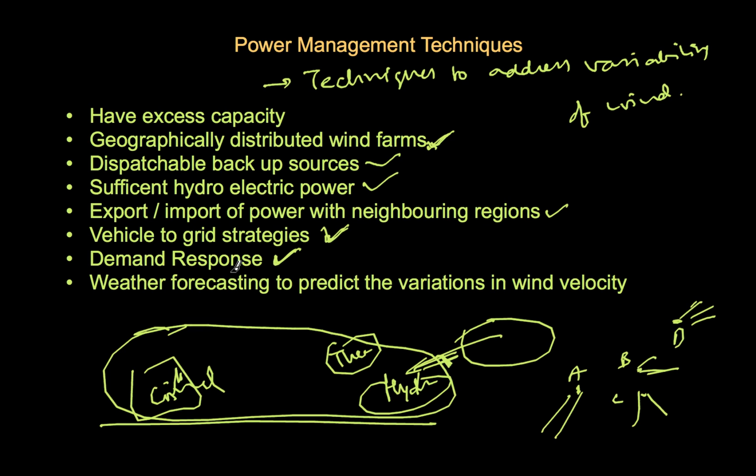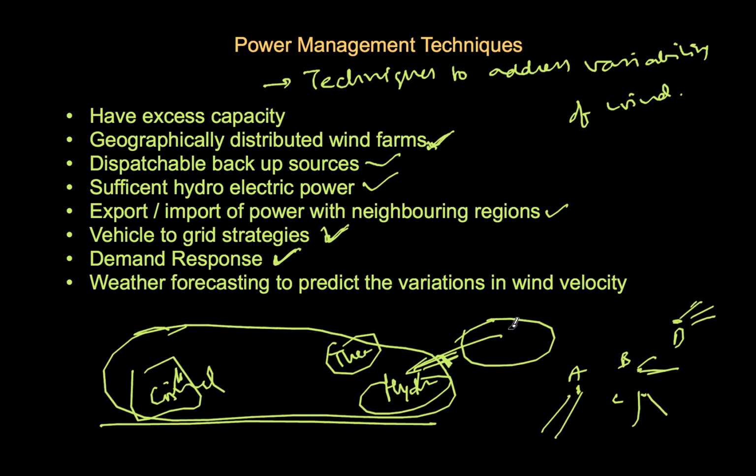The power operator makes a note of the demand, and at 10 o'clock they switch on the generator. Now the reverse is there. The factory will ask at what time the power is available. You say okay, wind power is available from 11 o'clock. Then they can start the factory at 11 o'clock and use the power.